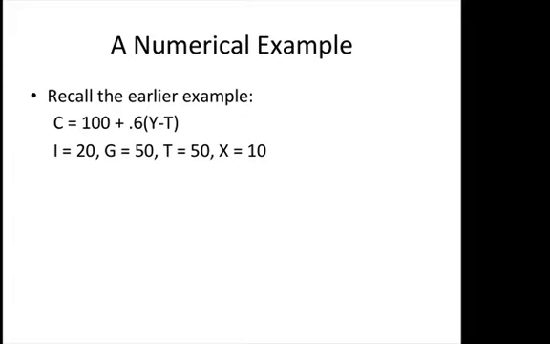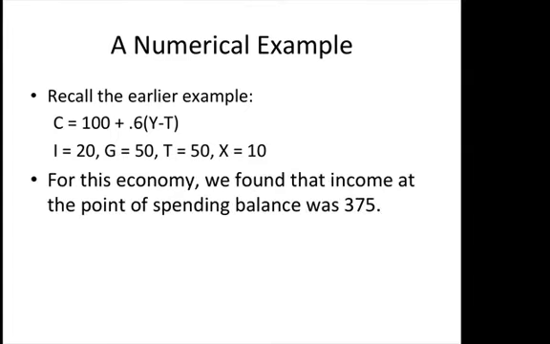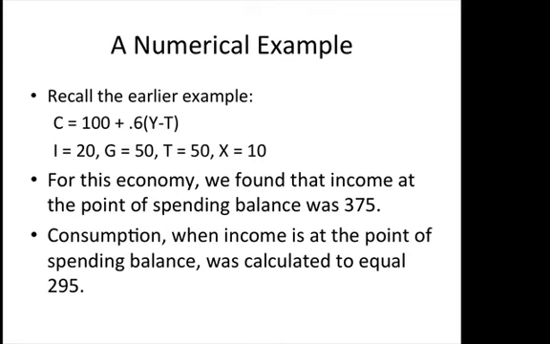Also recall that investment was initially 20, government purchases equaled 50, taxes equaled 50, and net exports equaled 10. We also found that at the point of spending balance, income was 375, and consumption was 295.